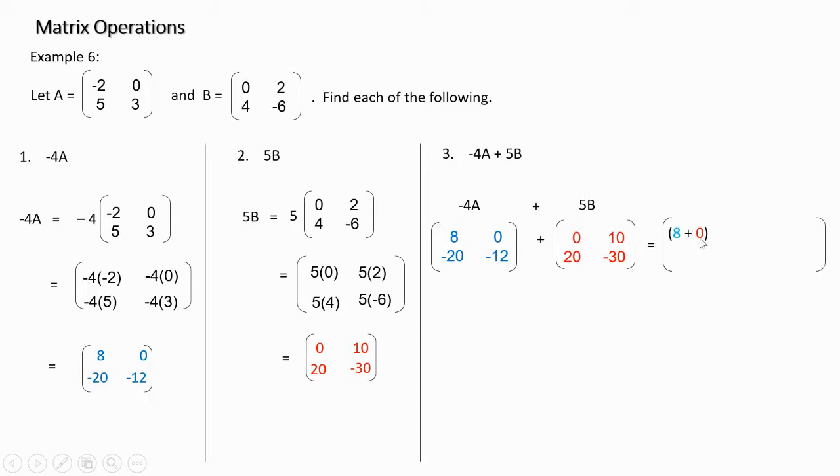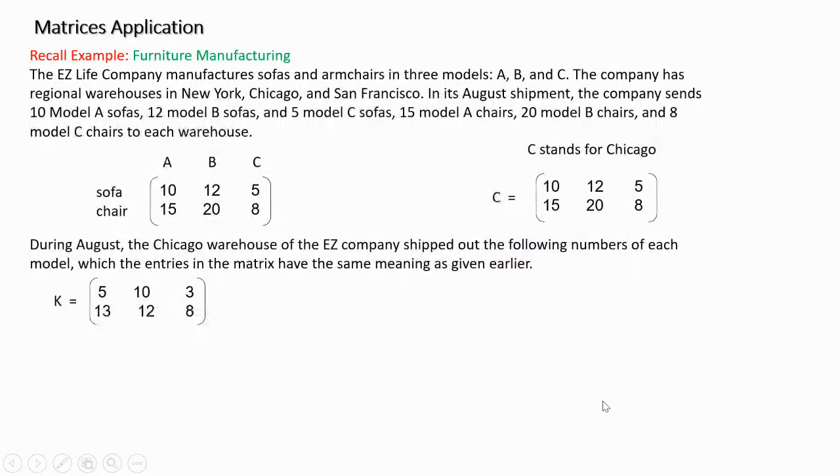So it's going to be 8 plus 0, and 0 plus 10, negative 20 plus 20, and negative 12 plus negative 30. So that will give me 8. That will give me 10. That will give me 0. And that will give me negative 42. So that's my solution for negative 4A plus 5B.